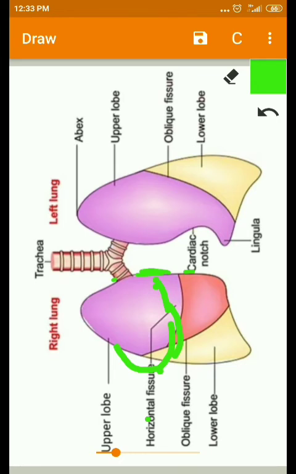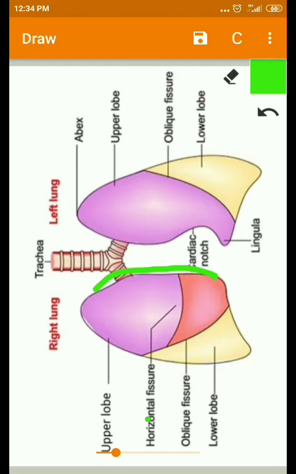Again we will see the features of the lung. Each lung is conical in shape, and it has an apex and base, and three borders. One is the anterior border, next is the posterior border, present on the posterior aspect, and the next is the inferior border.